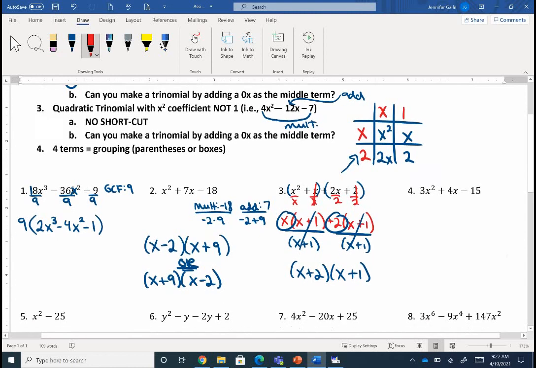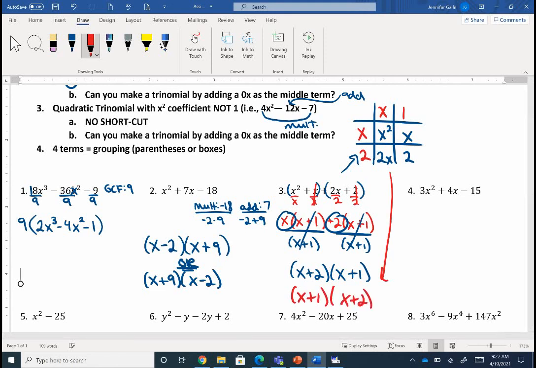Now, if you missed it in question number 2, it doesn't matter the order that you put the parentheses in. What matters is you need an x plus 1 and you need an x plus 2. The order you put those in does not matter.